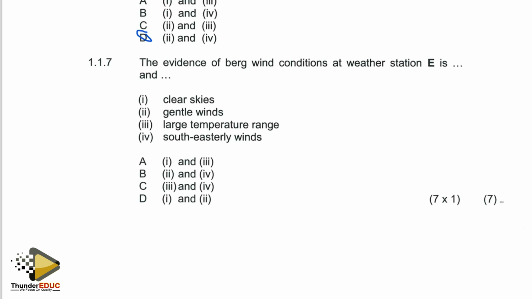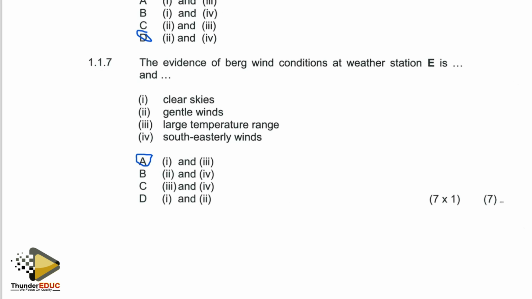Then southeasterly winds: the wind direction is not even southeasterly, so we are phasing out the last response. The remaining responses are clear skies and a large temperature range, item number 1 and item number 3. The combination falls at option A, which is the correct response for question 1.17.